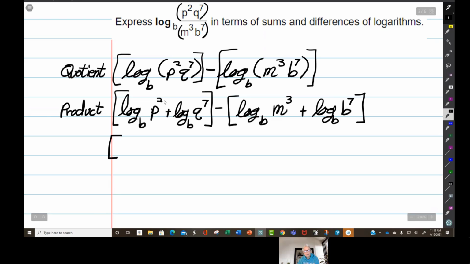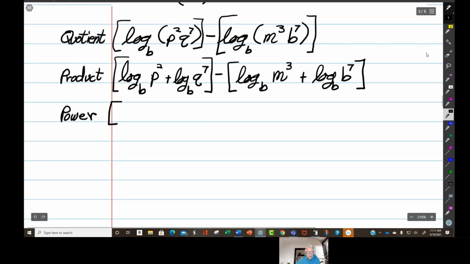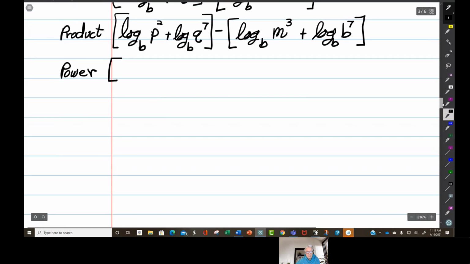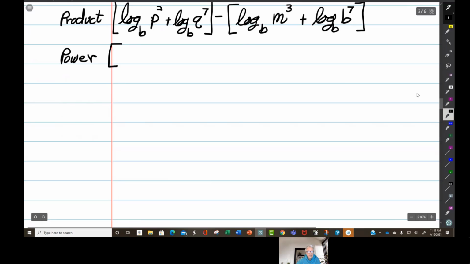Now we're going to use the power rule. Okay, there. Just have to scroll it up a little just to make it more visible.